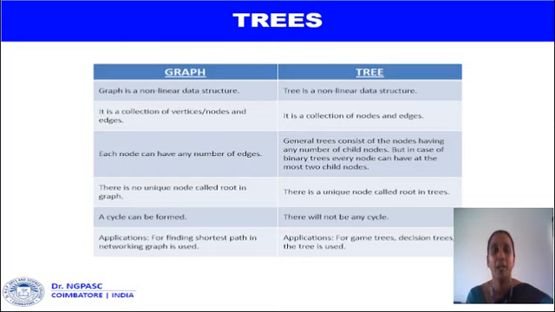In a graph each node can have any number of edges, but a tree consists of a root node, parent node, child node and so on. In a graph we don't have the concept of a root node, but in a tree we have that concept. And in a graph there can be a cycle, but in a tree, if any cycle exists, we cannot call it a tree. There will not be any cycle.